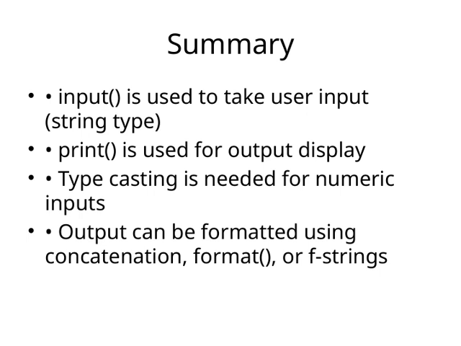Lastly, for output formatting, you have several options. Concatenation, the format method, or f-strings, which are really handy for creating clear and readable outputs. Remember, these concepts are all about making your programs interactive and user-friendly, tying back to the overall theme of writing effective and efficient code.